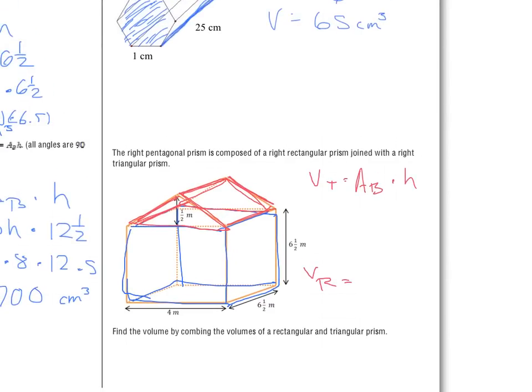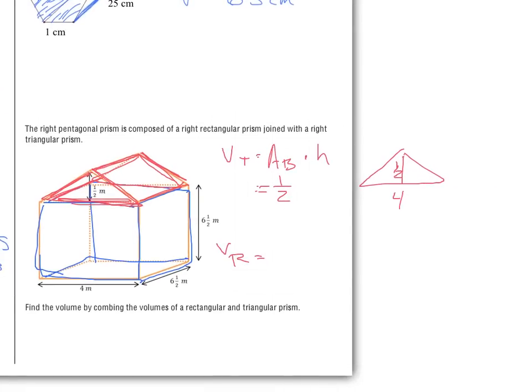Alright, as you come back, the volume of our triangular prism: the area of the base, well, it's a triangular prism, so the base is a triangle, 1/2. And as I look at my triangle, just redrawing it off to the side, the base is 4 and the height is 1/2. So that's 1/2 of base times height.